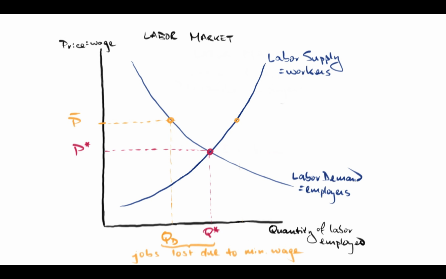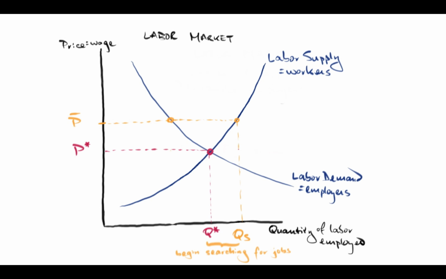There are no more jobs available than that. There are only QD jobs available. So these workers between QD and Q star, they would have had jobs if the market were in equilibrium, but their jobs have disappeared due to the minimum wage. The other people who have joined unemployment are the workers between Q star and QS who began searching for jobs.